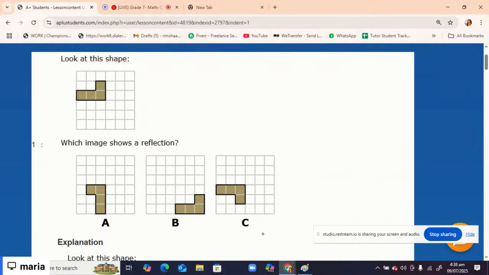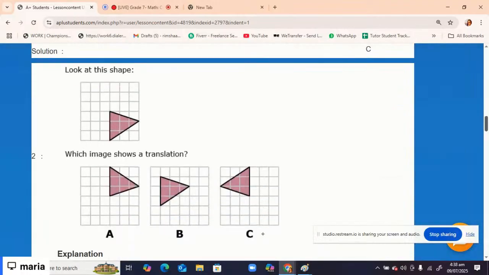The figure is rotated. Sometimes it's 90 degrees, sometimes 180, 190, 360, like that. What is the translation? Translation is the image is the same, but it's in a different location. The figure is the same, but only in a different location.